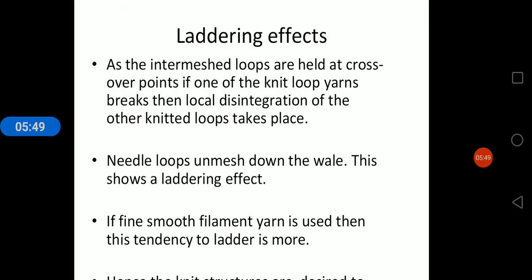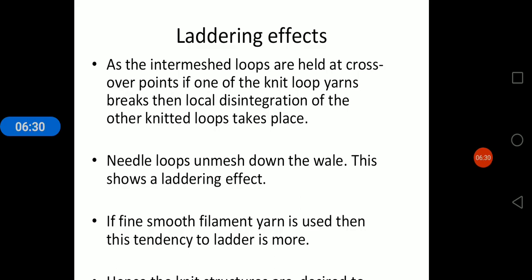Laddering effect. As the intermeshed loops are held at crossover points, if one of the knit loop yarns breaks, then local disintegration of the other knitted loops takes place. Needle loops unmesh down the wale. This shows a laddering effect. If fine, smooth filament yarn is used, then this tendency to ladder is greater. The intermeshed loops are held at crossover points, like points 2 and 3 shown in the figure.